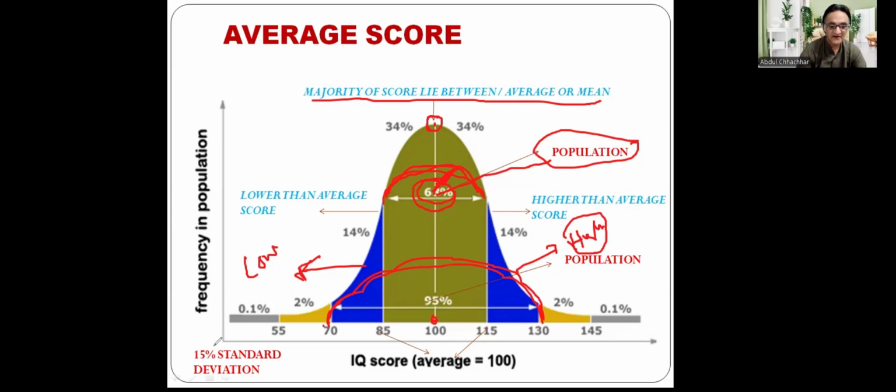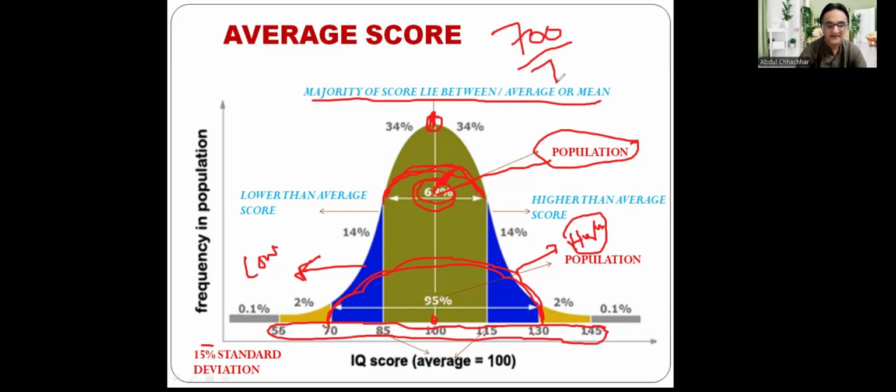So how can we calculate the mean of this, and how do we know that 100 is the average? You have to calculate the total of these values, which is 700. And when you calculate the mean, you have to take the total of the values and divide by the number of values. The numbers are 1, 2, 3, 4, 5, 6, 7.